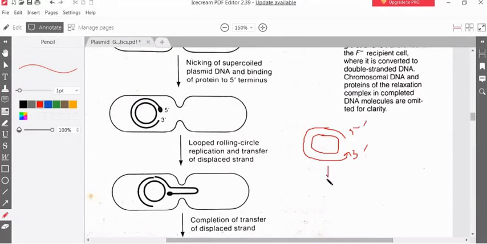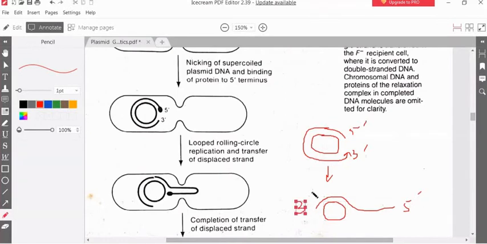So say this is the picture: the innermost DNA is okay, but the outermost DNA has been transported. This is the 5' end that has been transported, and this is the 3' end.